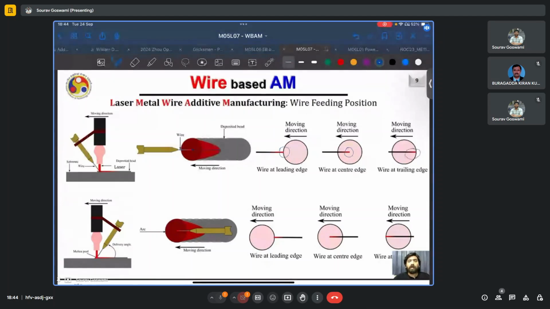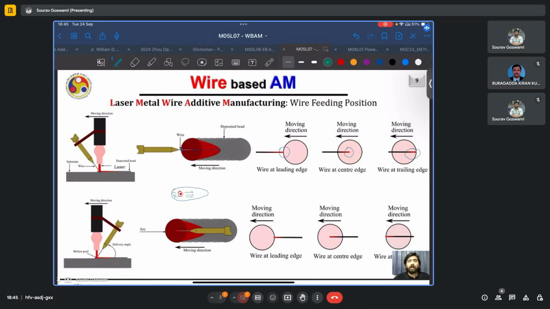And the fluid flow. So if I just draw one melt pool, the top view of a melt pool, and if this is the center of the laser beam which is falling, the more typical movement of the fluid will be towards the back and towards the front as well.